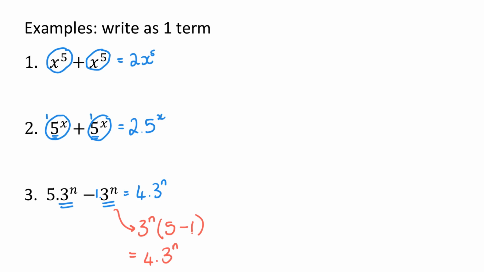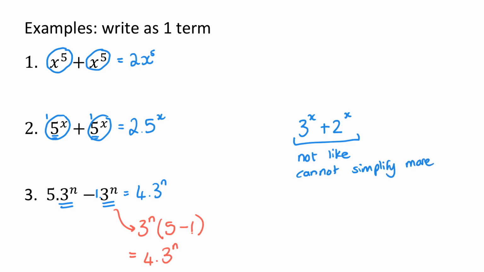Now remember, if terms are not like, you cannot add them together or simplify further. So if I had something like 3 to the power of x plus 2 to the power of x, these two are not like, and we cannot simplify further. You may be tempted to write 3 plus 2 to the power of x.